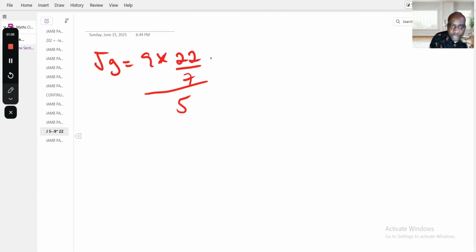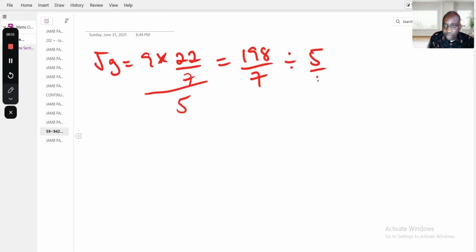Now we have g, this one. 9 times 22 is going to give us 198. 198/7 divided by 5. Now to change this division to multiplication, we move the 1 up and move 5 down.